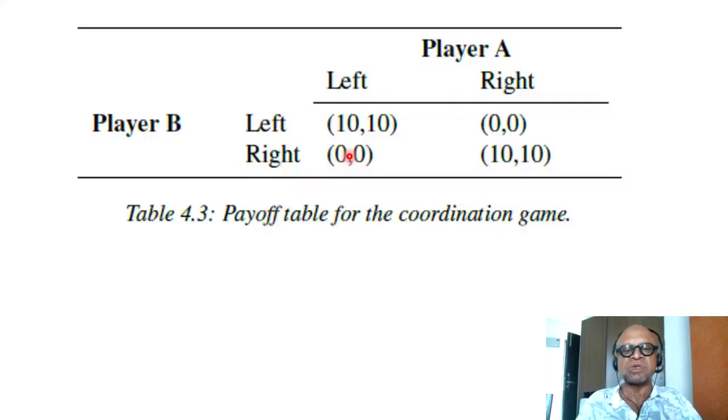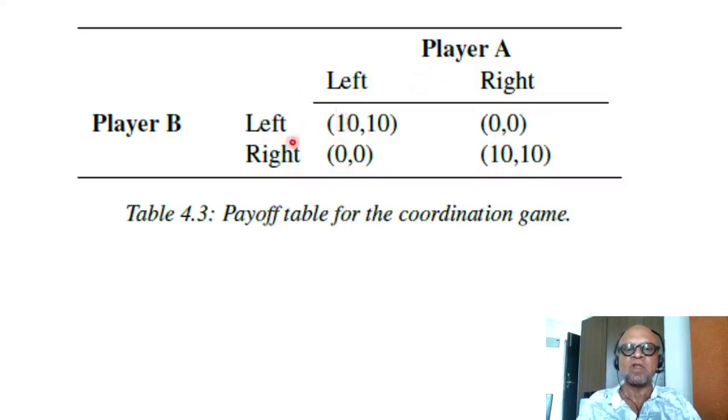So in the coordination game here, the payoff table looks like this. Here we are dealing with not so much prisoner's dilemma, but a coordination of two people using the same common good, let's say the road. We'll define the goods in a more systematic way in a podcast later, in the same chapter. But in the meantime, player B has the option of going left or right, and player A has the option of going left or right also.